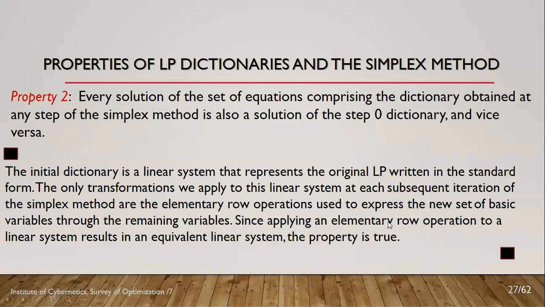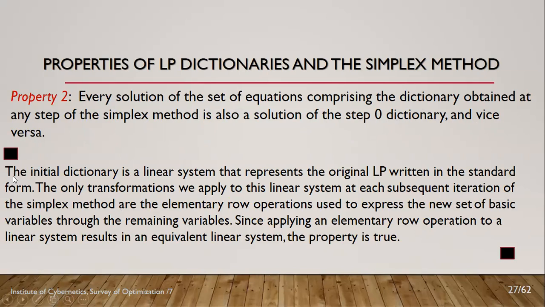The next property guarantees the feasibility of finding the entering and leaving variables at the stage of iteration. Property 2: every solution of the set of equations comprising the dictionary obtained at any step of the Simplex method is also a solution of the step 0 dictionary, and vice versa.